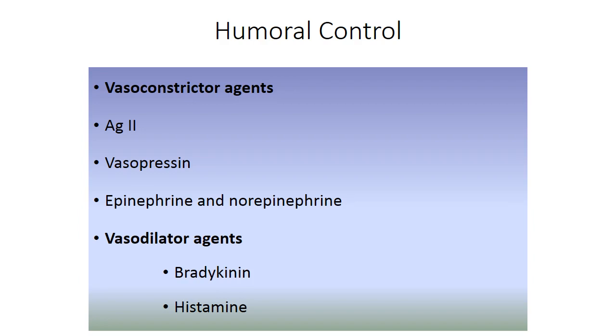Also, the adrenal gland can secrete norepinephrine and epinephrine too. But remember, norepinephrine is more powerful than epinephrine. Even epinephrine can be a vasodilator in some vessels. So remember the importance of norepinephrine in vasoconstriction.